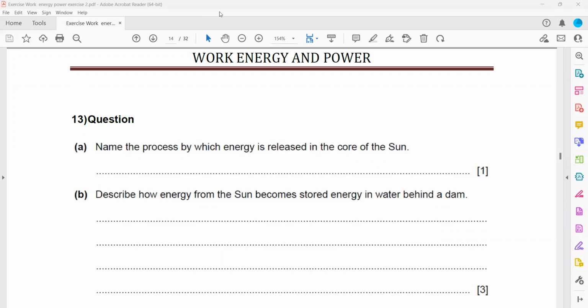The next one, describe how energy from the sun becomes stored energy in the water behind the dam. Basically, you have to explain the water cycle.